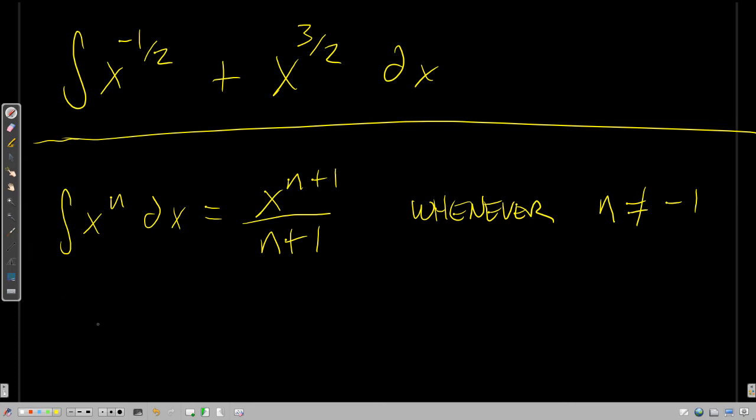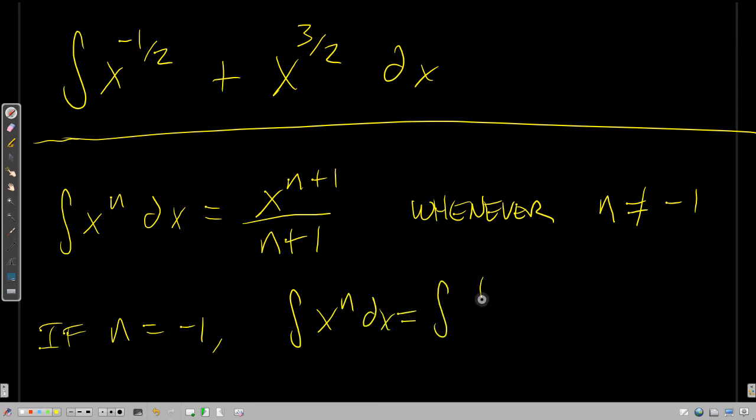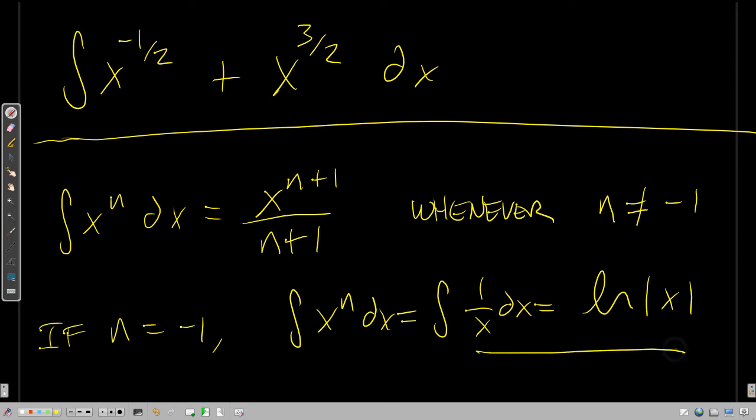If n is equal to minus 1, then the integral of x to the n is just the integral of 1 over x, which is the natural log of the absolute value of x.